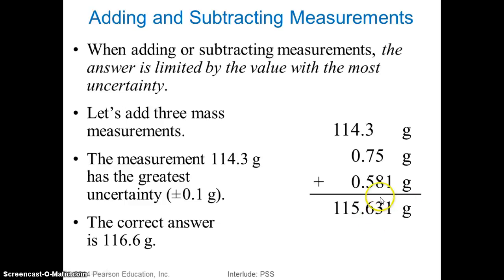So whatever answer we get, we need to round to just 1 decimal place. Here we have 115.6. When you add and subtract, your answer is limited to the value of the most uncertain number, which is the one with the fewest decimal places.